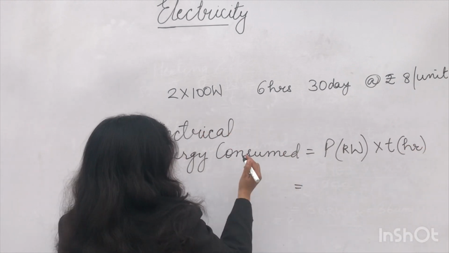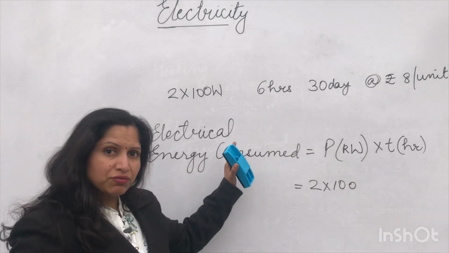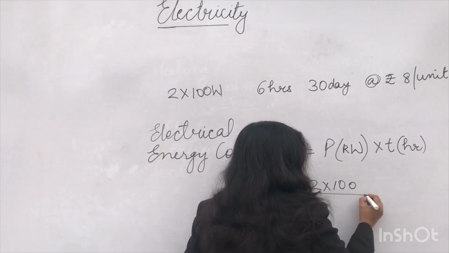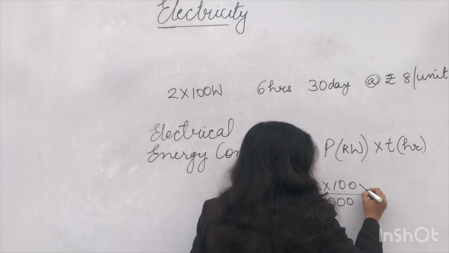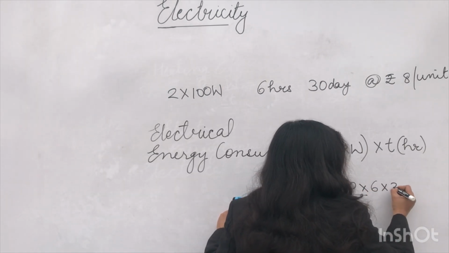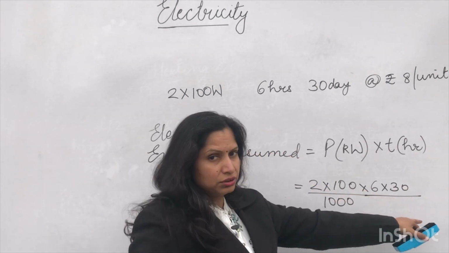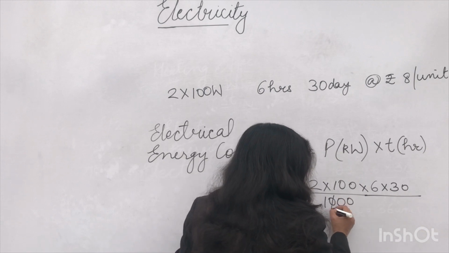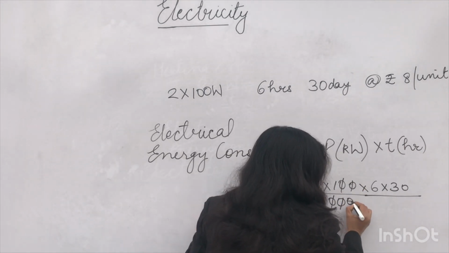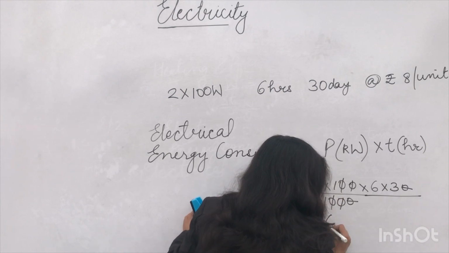So we get power is 2 into 100, but this is in watt, so we have to convert it into kilowatt. So divided by 1000 multiplied by time. Time is 6 hours and it's not just used for a day, it is for 30 days. So total time is 6 into 30. Now we'll solve it out and we'll get 36 units.